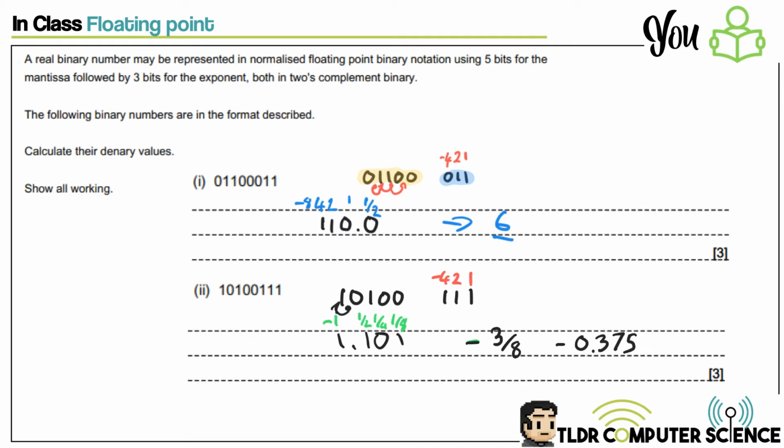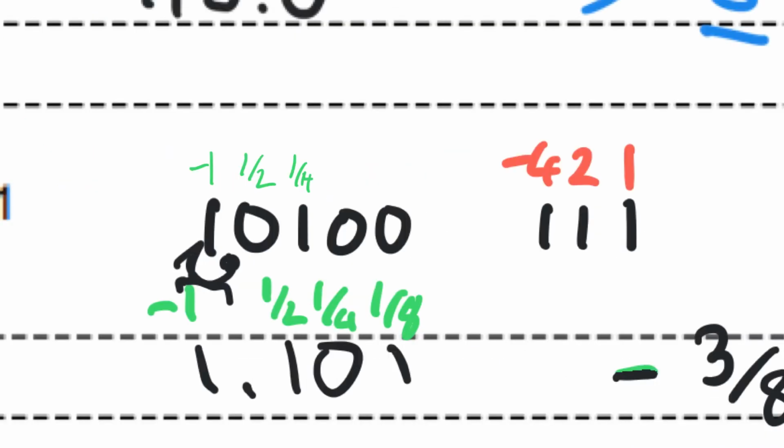So what he did is he looked at this original number up here, and because we've got minus a half plus a quarter, we've actually got the value negative 3/4 times 2 to the power minus 1. 2 to the negative 1 is 1 over 2 to the power 1, which is a half. Minus 3/4 times a half would be negative 3/8.